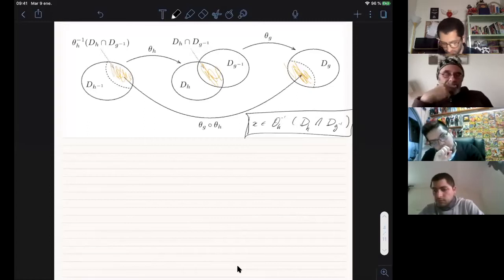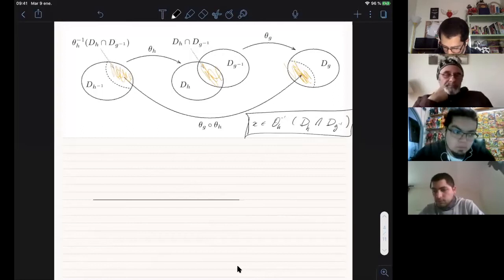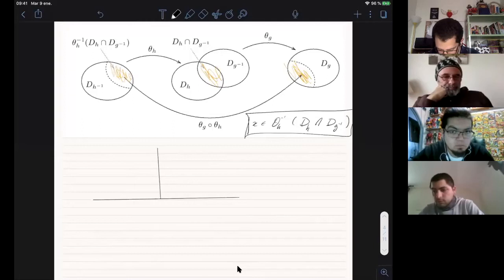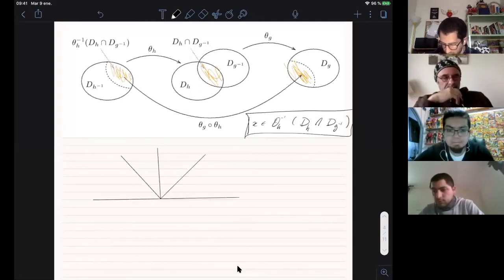Yes, this example will be like take the upper half of the plane, something like this, and take a grid like this, and take a group to act in this space as a rotation.